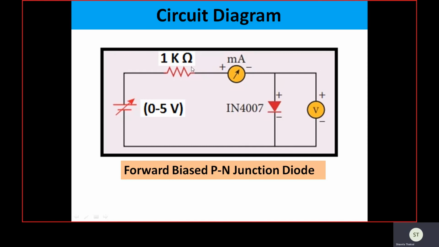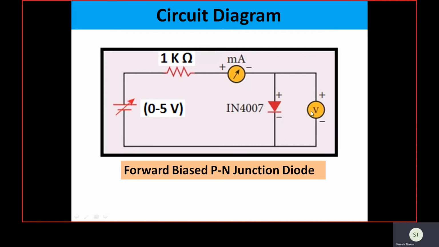And this is the circuit diagram that we need to implement on a breadboard or with the help of the virtual lab. We are going to perform this experiment, so we need the variable DC power supply here. This is the resistor and this is the PN junction diode 1N4007, and here the milliammeter is connected in series and the voltmeter is connected in parallel to the PN junction diode.